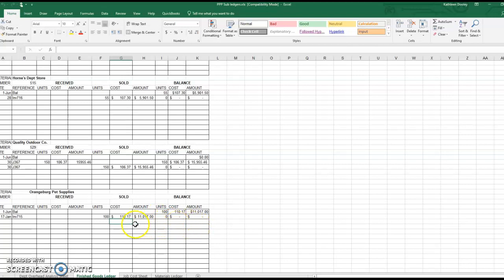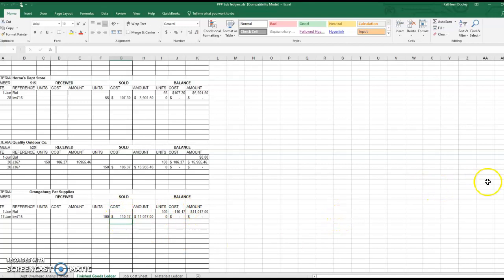Now, if we had more than just this one job in here, then we would have to use FIFO to figure out this cost right here. As it is, this was our only one.